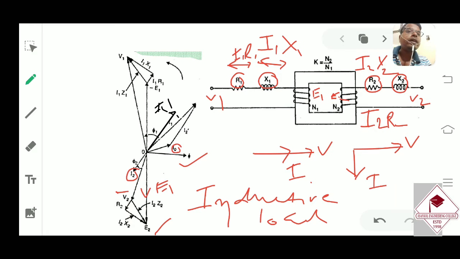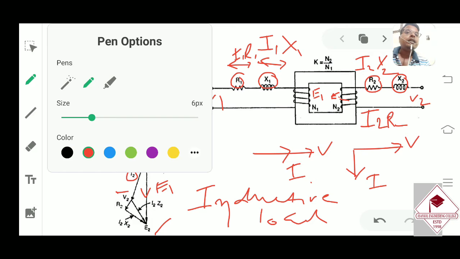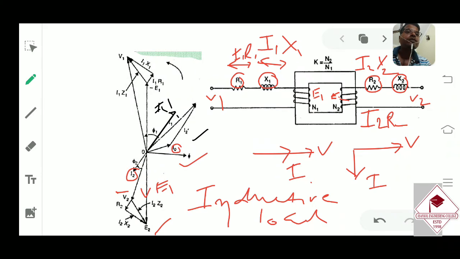You can see this I2 dash and this I2 dash, they are parallel, right? So in this diagram I2 dash has been shown, no problem, no issue. Now if you find the resultant of this I2 dash, as we know I1 is the summation of I2 dash and I0. So you add it, you will get this I1. You can see here it is written I1. I am just removing this one to see this I1. Okay, now I1 is clear.